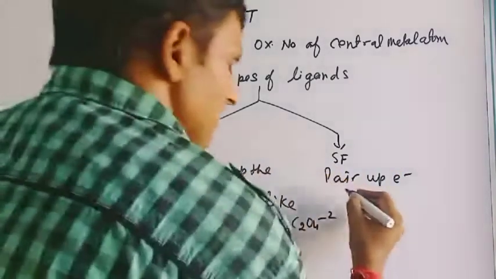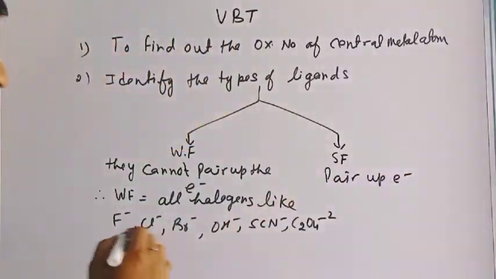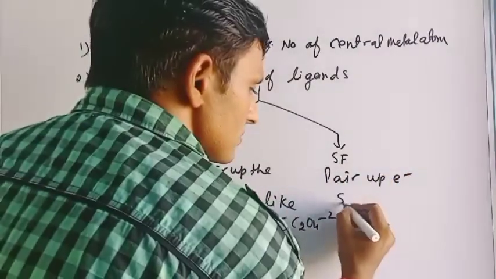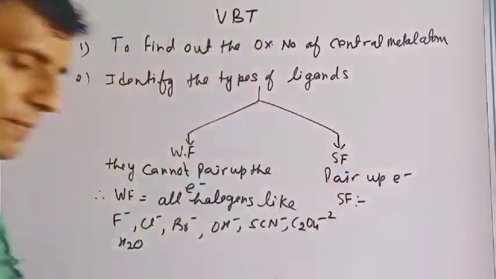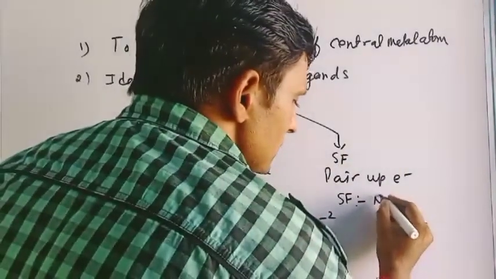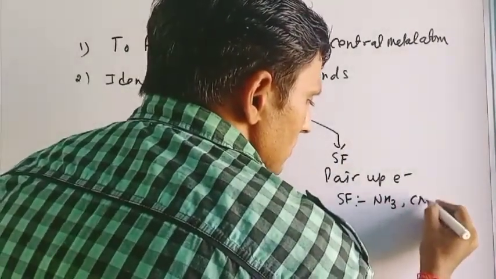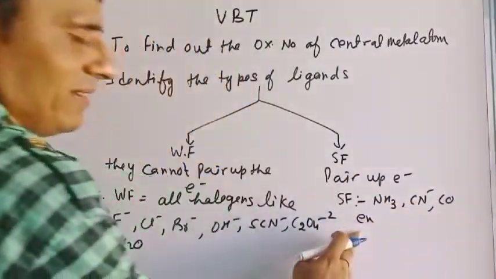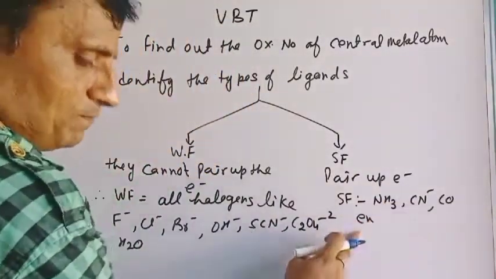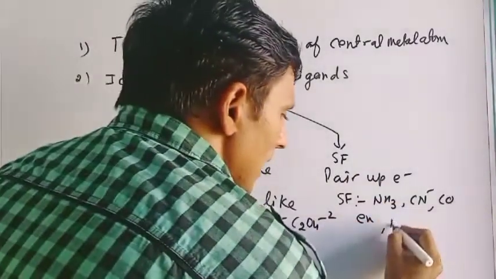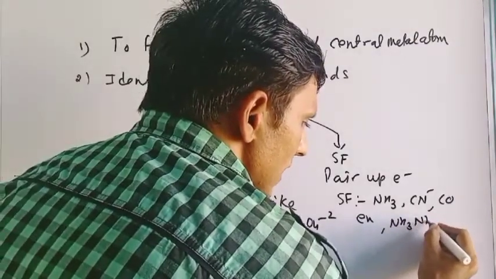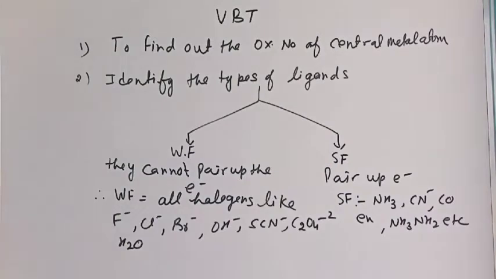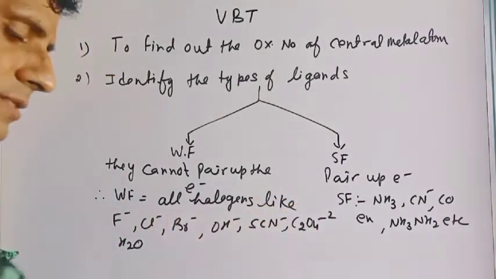And strong field ligands may be ammonia NH3, cyanide, carbonyl, en, which is ethane-1,2-diamine, and NH2 etc. These are the identification of strong and weak ligands.